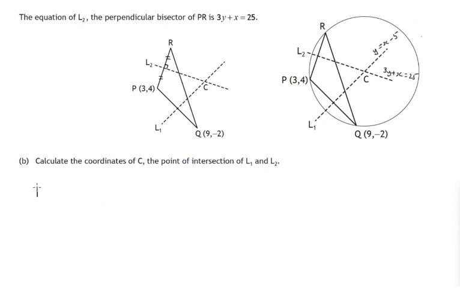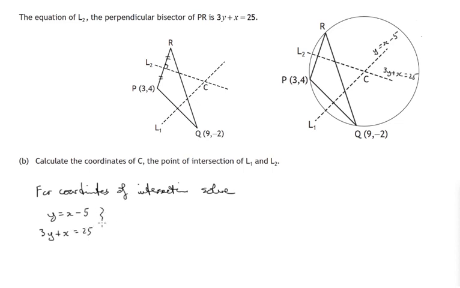So for the coordinates of the intersection, we must solve these two equations. These two equations must be both true for the point C, so we'll solve them simultaneously. So we'll solve y equals x minus 5 and 3y plus x equals 25.